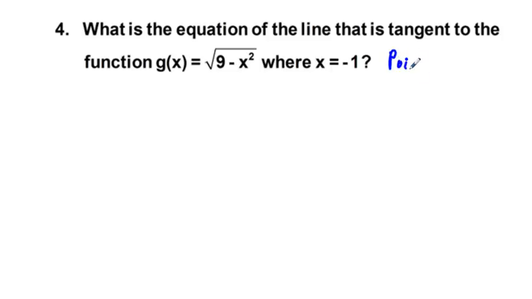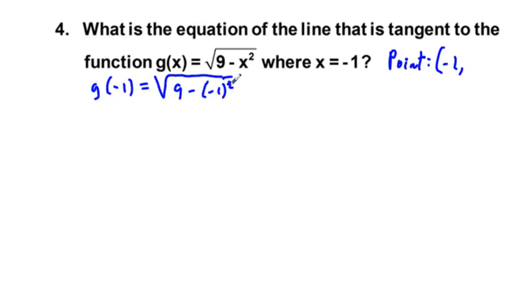And to find a point, we need an x value, which we're given as -1, and a y value. g of -1 equals the square root of 9 minus -1 squared, and 9 minus 1 is 8, so the square root of 8. So our y-coordinate here is the square root of 8.